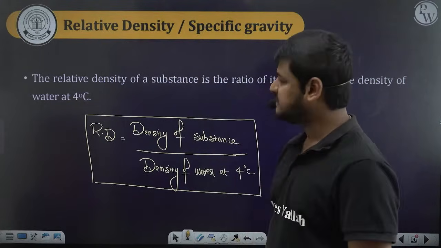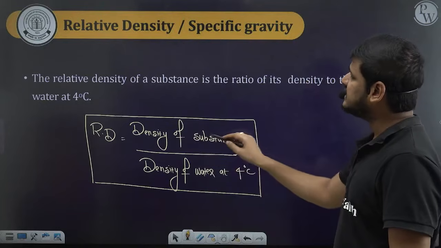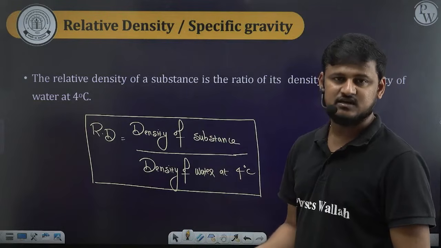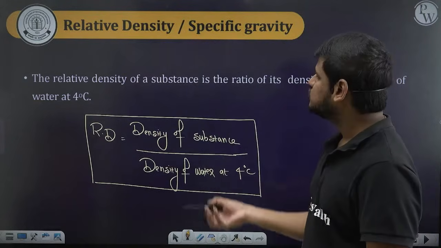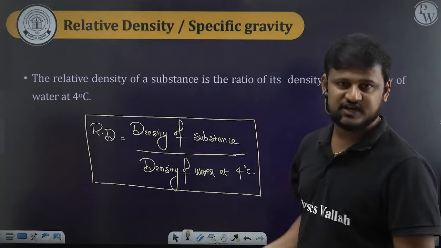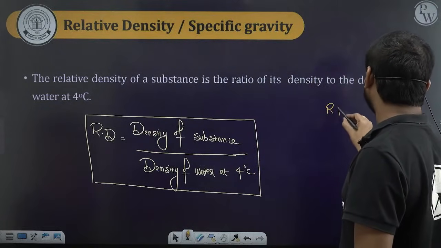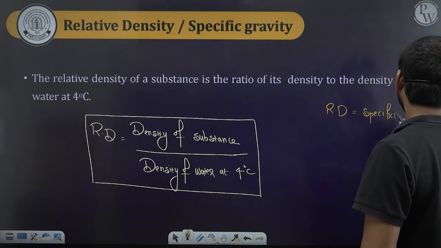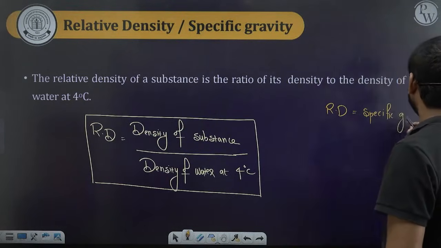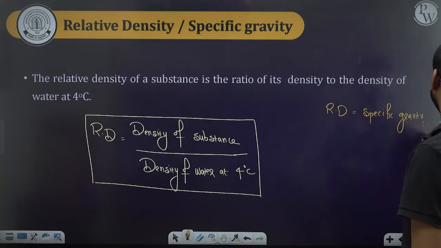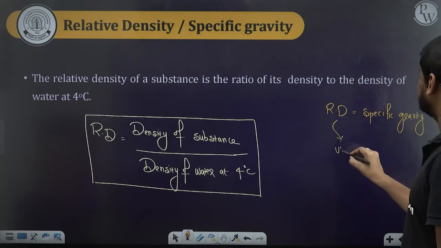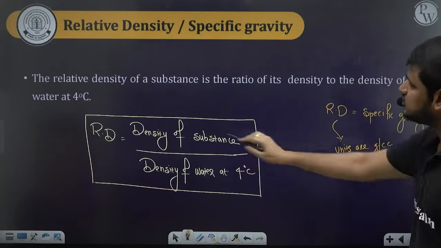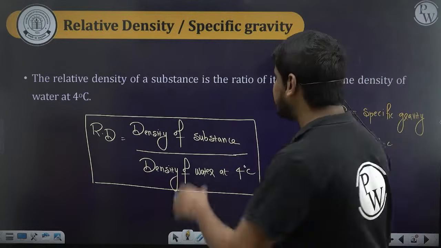So relative density will be equal to the specific gravity when the numerator and denominator are taken in gram per cc.